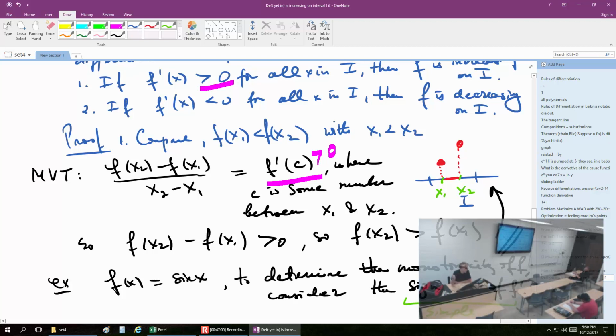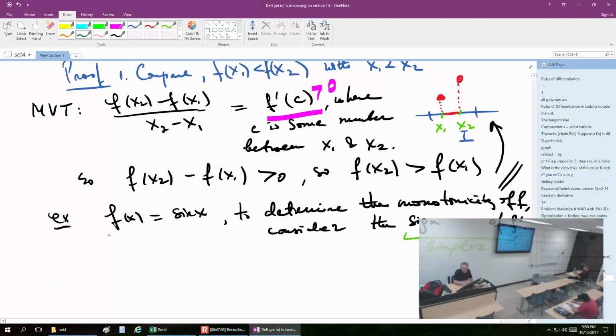Positive, negative, that's all. So let's do it. I take my f prime of x, which is cosine x, and all I need to know about cosine is where it's positive and where it's negative.